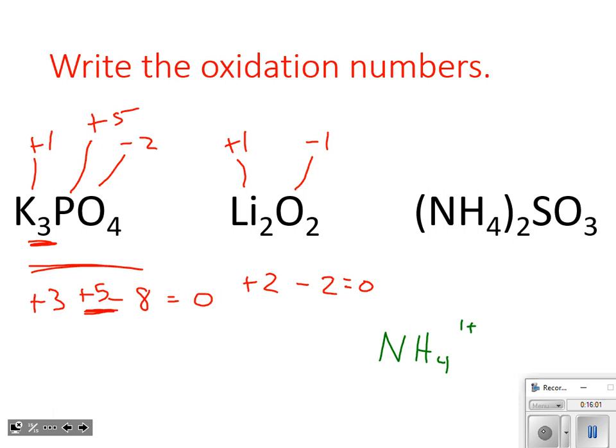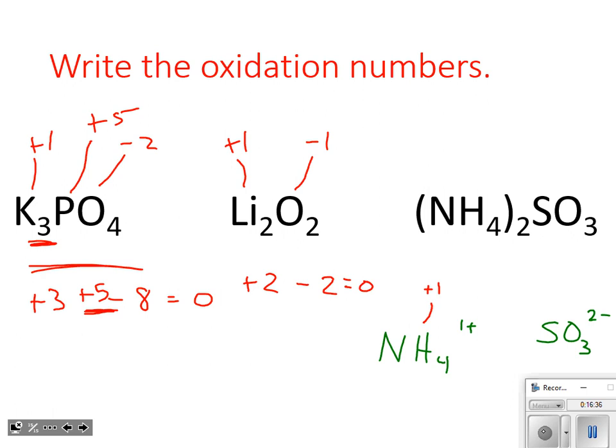And I know that SO3 is a 2- charge, right? So I'm going to do those individually as ions. I look here and I say, okay, is hydrogen with a metal? It is not. So this hydrogen is going to be +1.